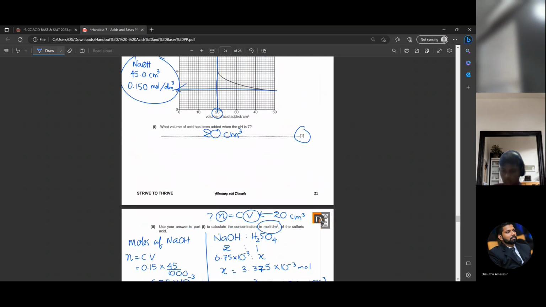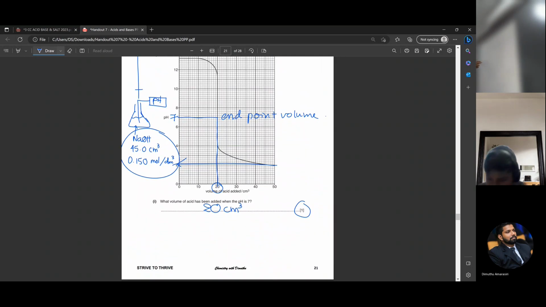But if you use ethanoic, will it drop to 2 or 3? 5. Oh, 5. What is the ethanoic pH? The other rule of 2. It's a weak acid. What's the pH? Weak acid pH is 3.